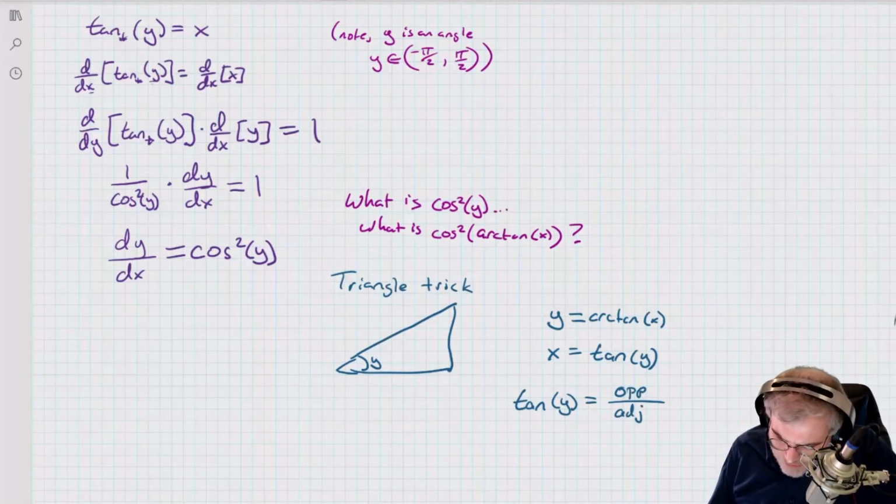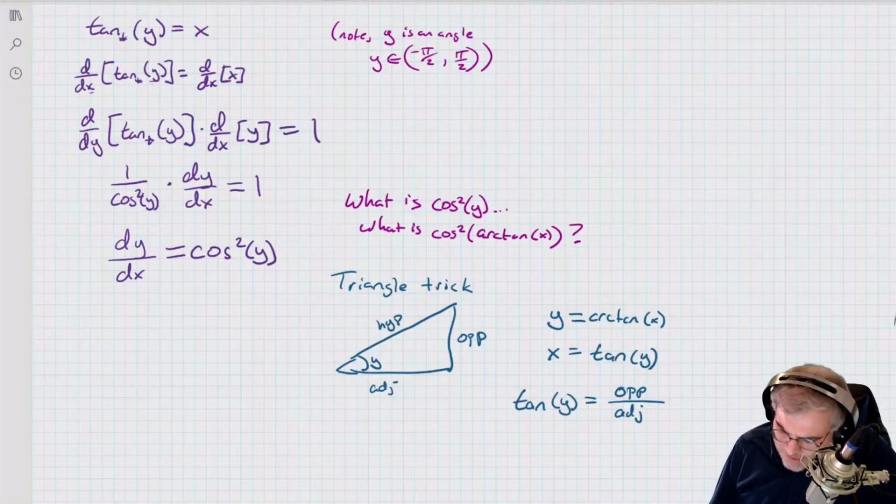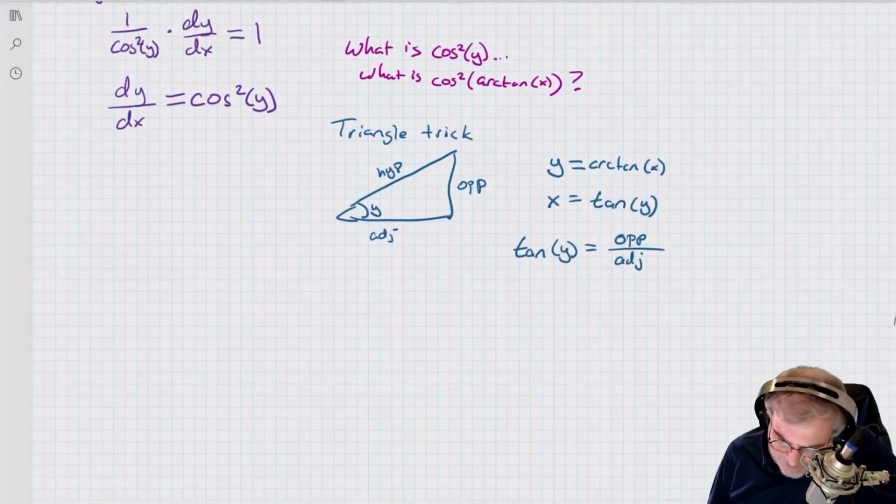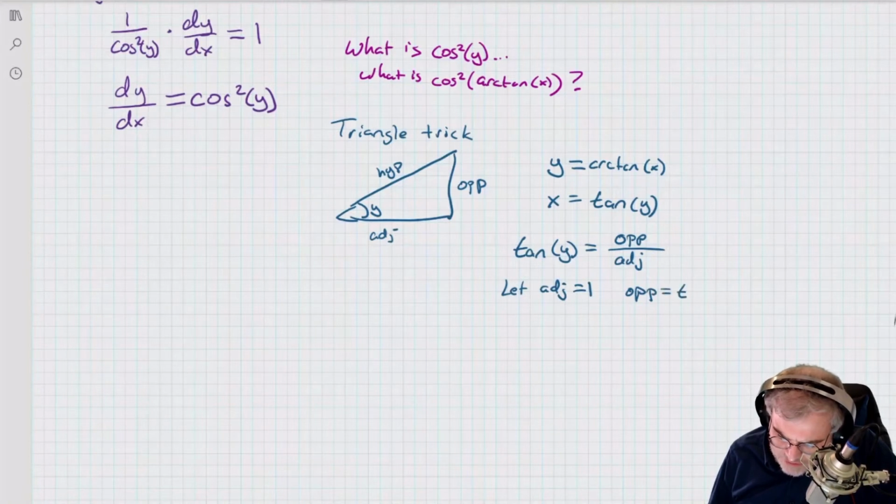So here's the adjacent, here's the opposite, and here's the hypotenuse. Now, if I let the adjacent be 1, because that's the thing that's on the bottom, then opposite equals the tangent of y, which of course equals x. This is what we had up here.